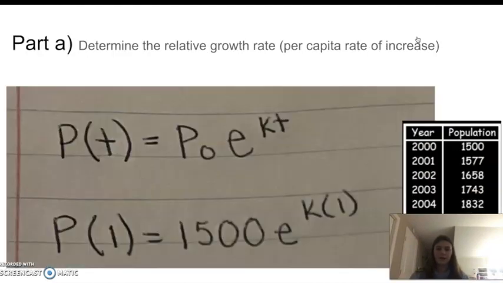So for part A, determining k, we can use the equation we found before, which is P(t) = P sub 0 e^(kt). We can pick any data point from the graph, but we can just pick the first year, so the year 2001, and we can plug 1 year into our time, and we can replace the initial population with 1,500, which is the population of the year 2000.